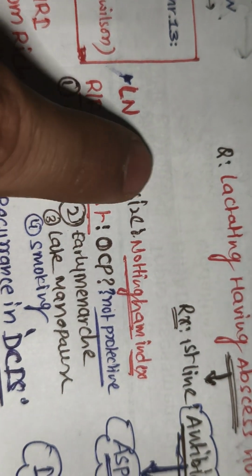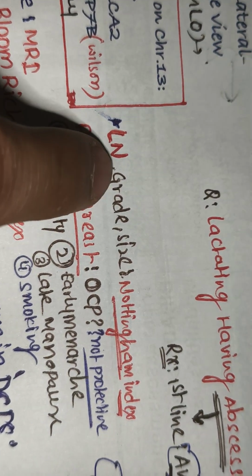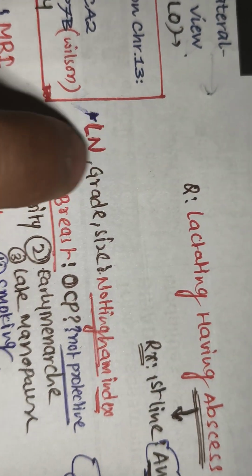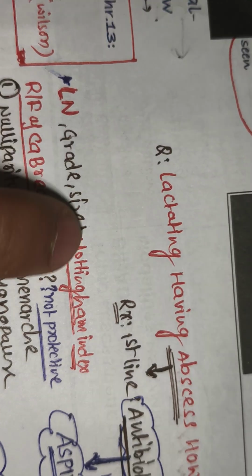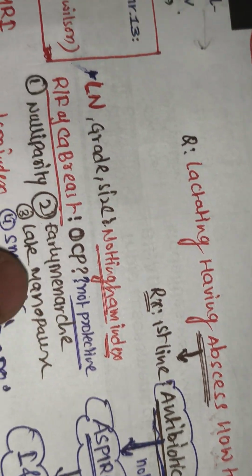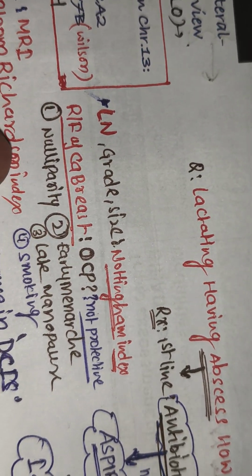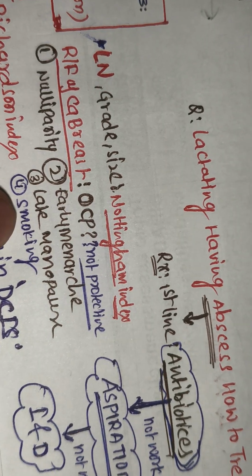Also, lymph node status is the most common prognostic factor for the breast, and also grade and size. These are the Nottingham index. And risk factors of carcinoma breast are nulliparity, early menarche, and late menopause.